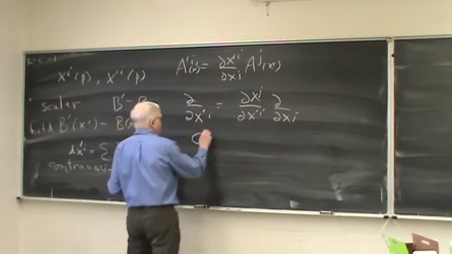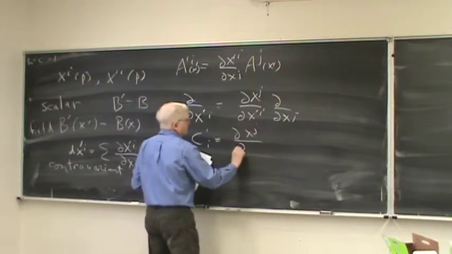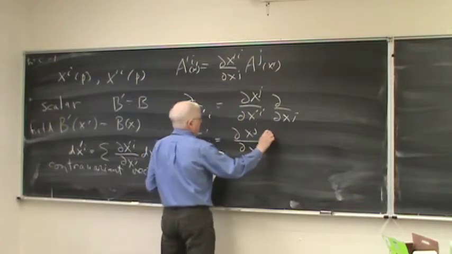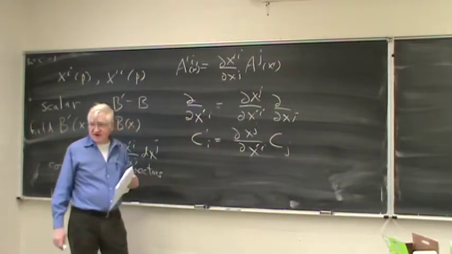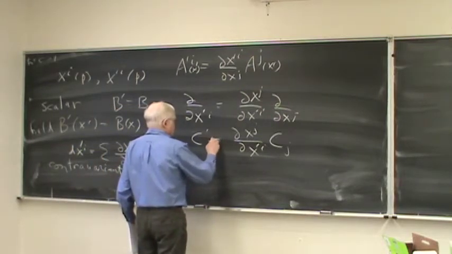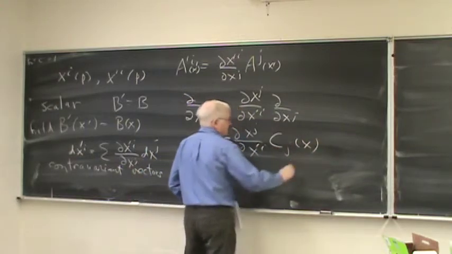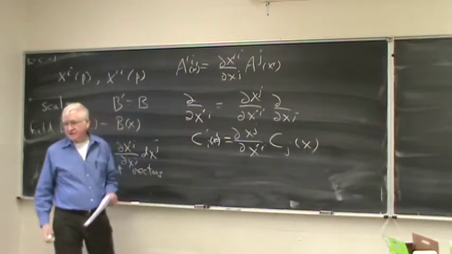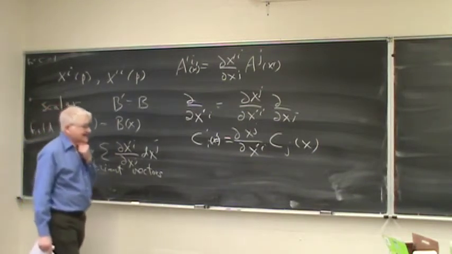Any vector that transforms this way is said to be a covariant vector. And if it depends upon space, then it's a covariant vector field. So that basically is it.